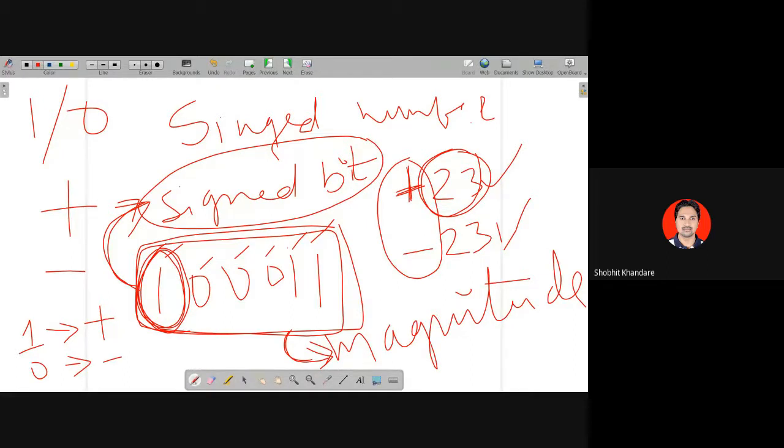And what about the magnitude now? To represent the magnitude, the remaining bits are used. But please pay attention now, here we have to understand one important thing: in most cases we also include the sign bit.